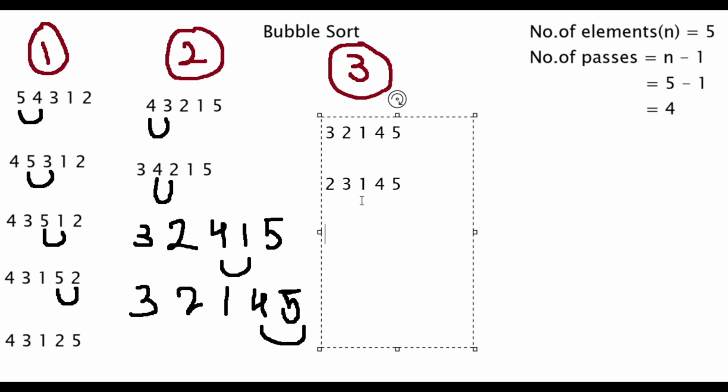And again 3 and 1 will be compared, so we get 2, 1, 3, 4 and 5. After that 2, 1 will be the same, and 3, 4, 5 also will be the same. Then 1, 2, 3, 4, 5.